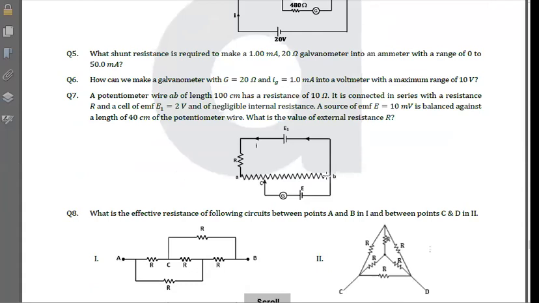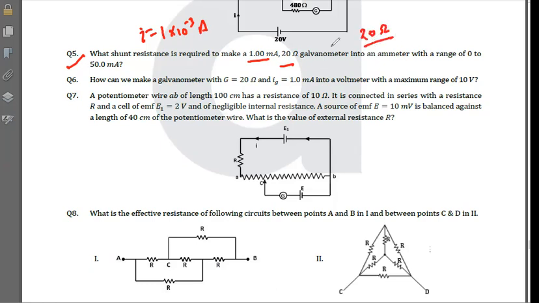Okay, next. 5th one. What shunt resistance is required to make 1 milliampere? Again, current is given. Current is given as 1 milliampere, so 1 into 10 minus 3 ampere. 20 ohm galvanometer.